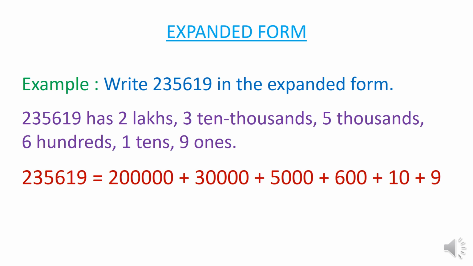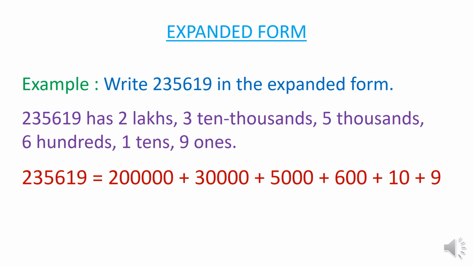Our question is, write 2,35,619 in expanded form. Our number is 2,35,619. This number has 2 lakhs, 3 ten thousands, 5 thousands, 6 hundreds, 1 tens and 9 ones.